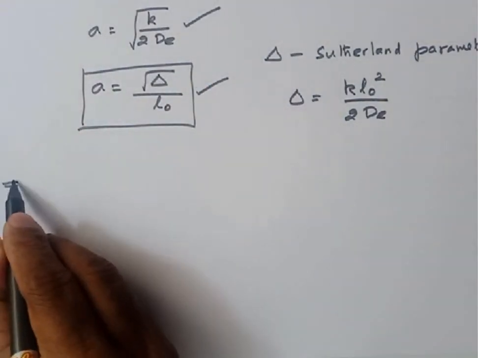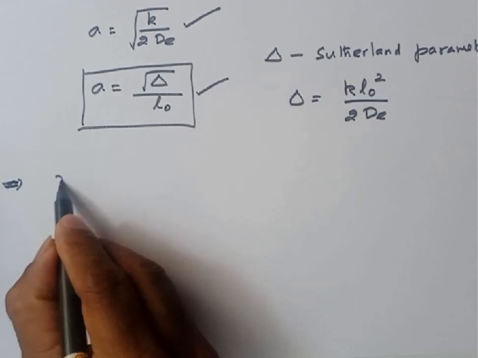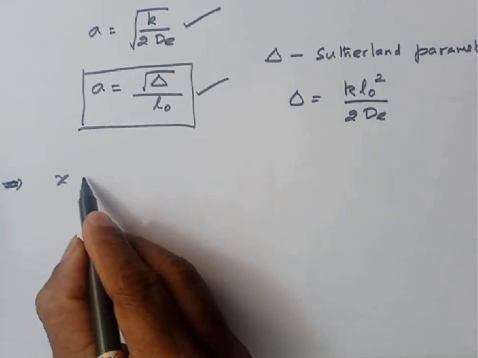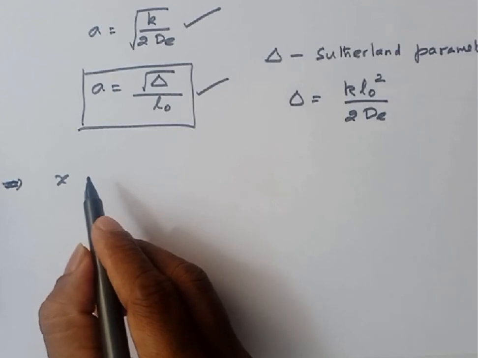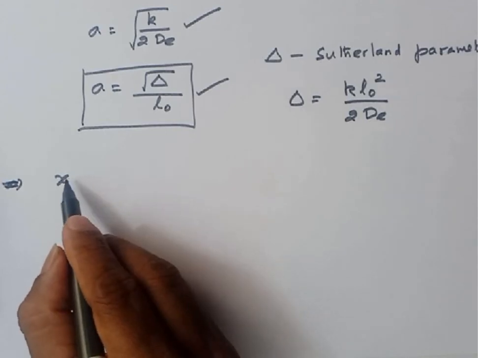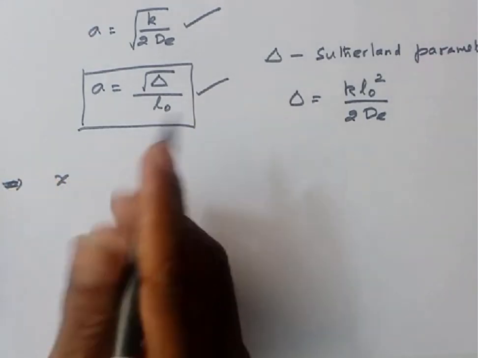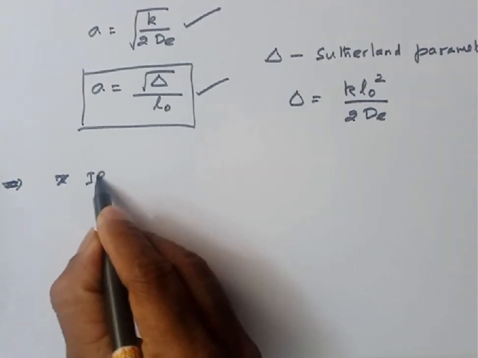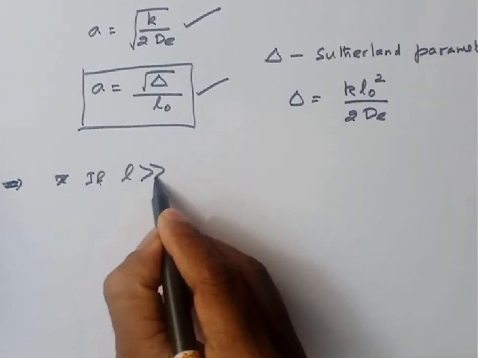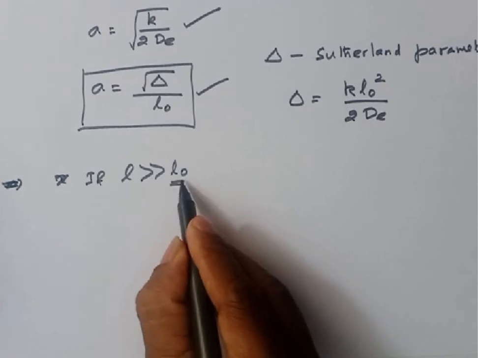Then what happens if x is very, very large? Or I'll say, if I stretch the molecule to a larger extent, if L is very much greater than L naught, where L naught is the equilibrium bond length.